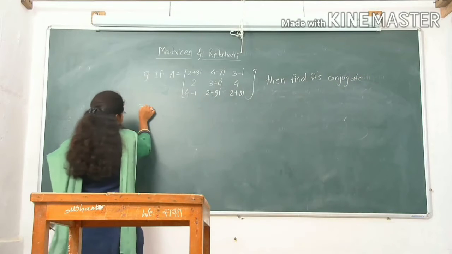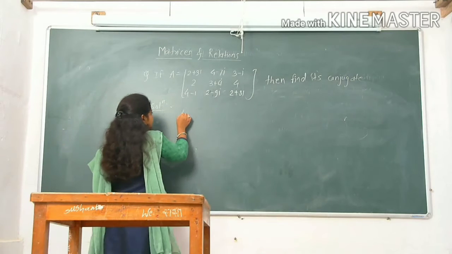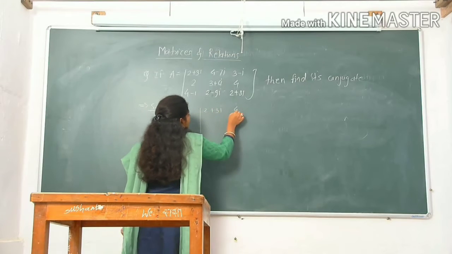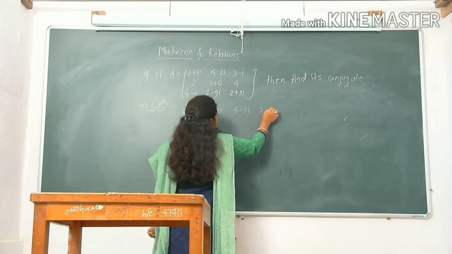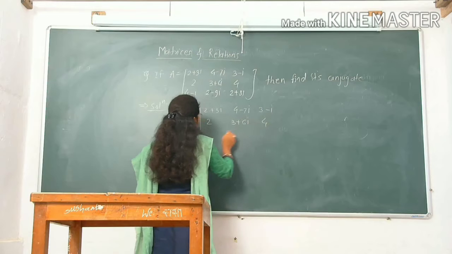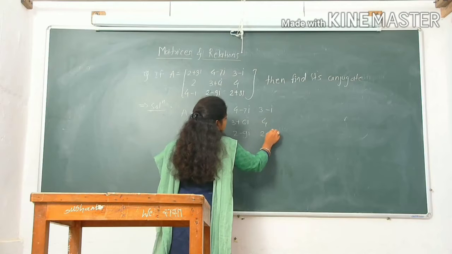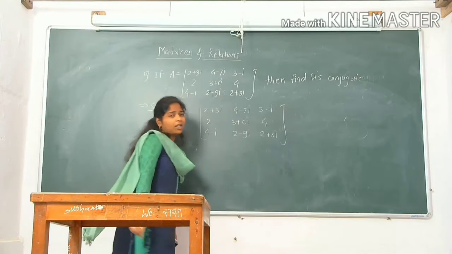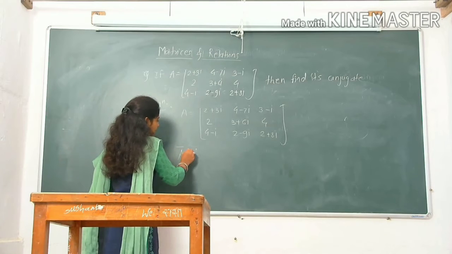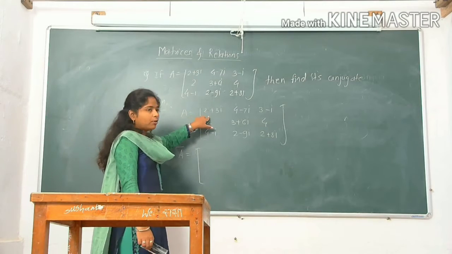So the solution is, we have here A equal to this matrix. Now we find the conjugate of this matrix, which is denoted by A bar. Let us take the conjugate of each element of this matrix.